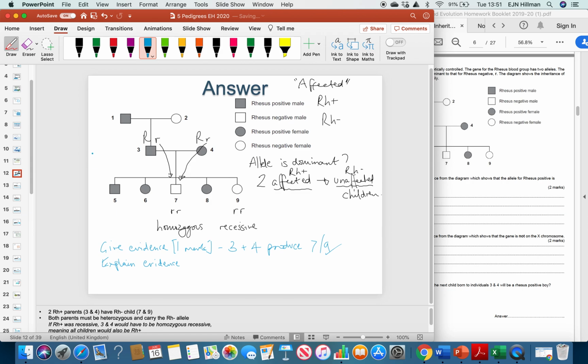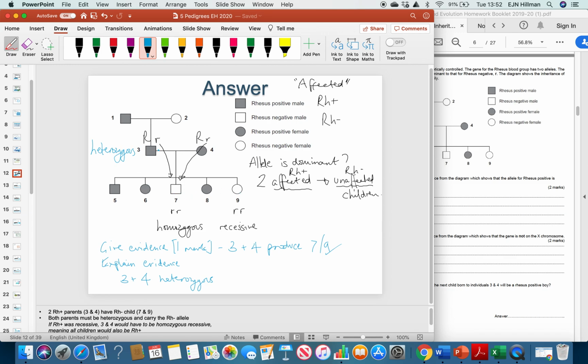What we're looking for is the words. We need to say that the parents are heterozygous. So parents 3 and 4 are heterozygous, which means they both have 1 copy of the recessive allele, they both carry that recessive allele. And that recessive allele is passed on to 7 and 9.